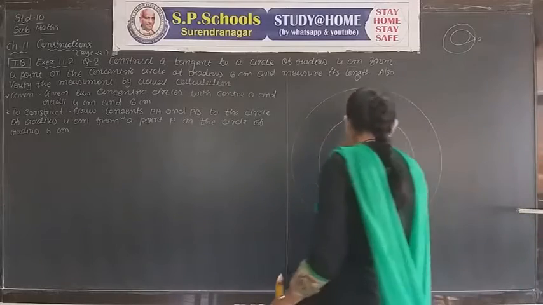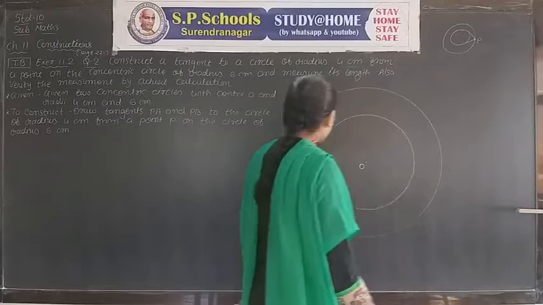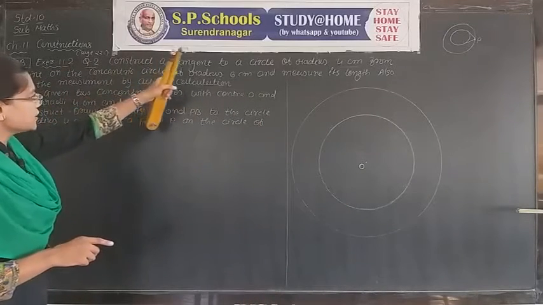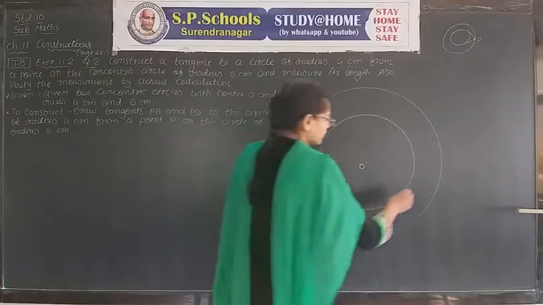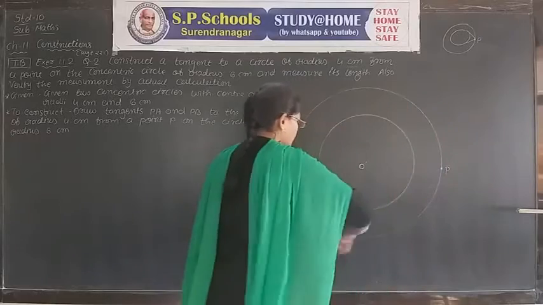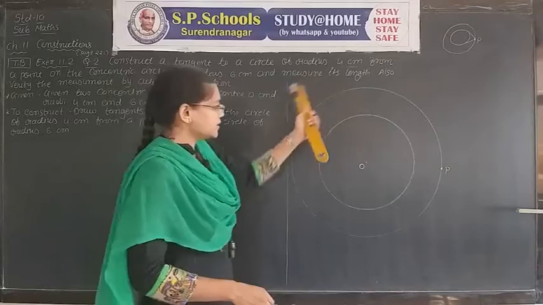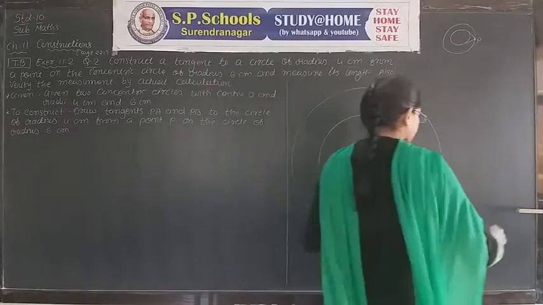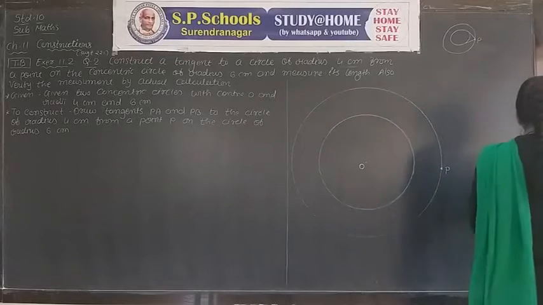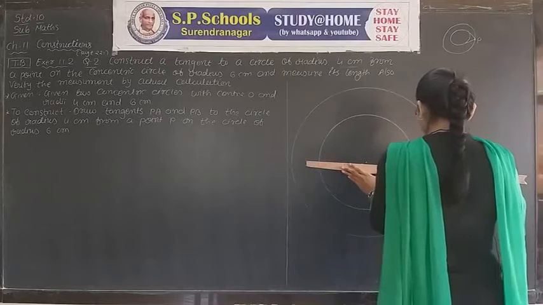Name the center O. Now we take a point P on the circle of radius 6 cm, and join O to P.